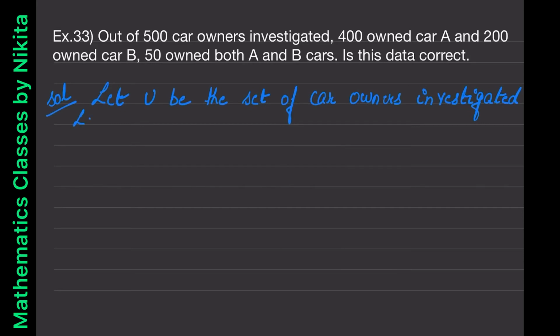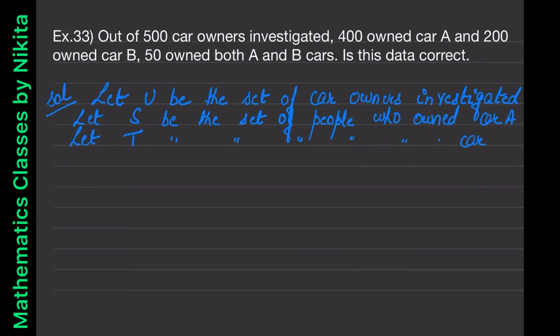And let capital S be the set of people who owned car A. And let T be the set of people who owned car B. Now what is given to you?